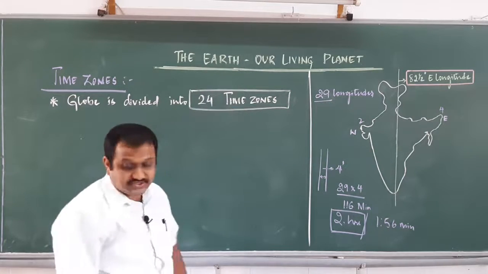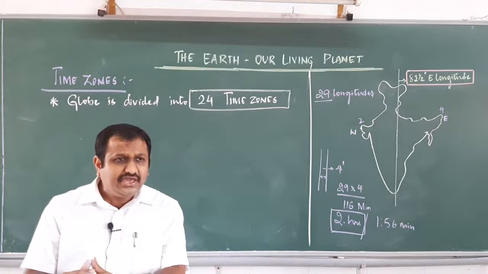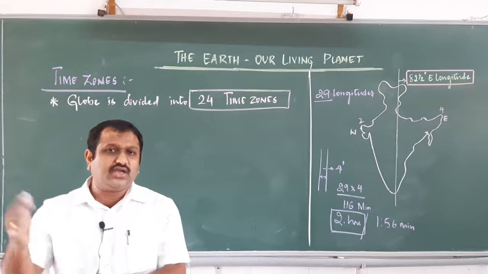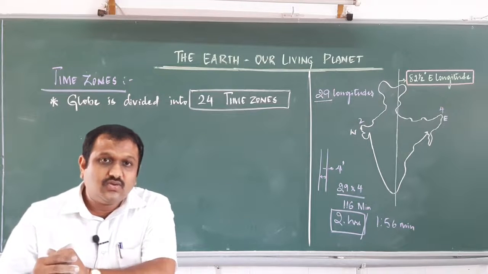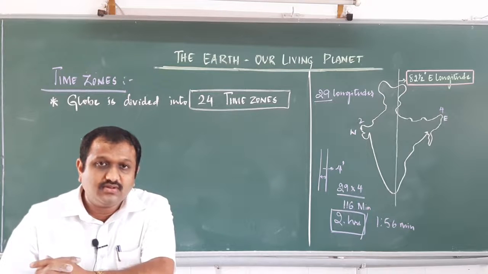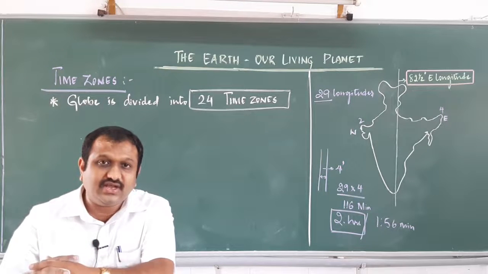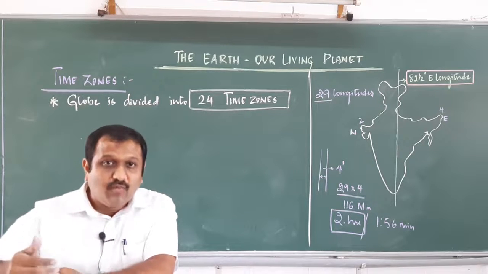Each country will fall into one or another time zone. There are some countries which are geographically very vast, and they cannot follow one time zone. They will follow more than one.